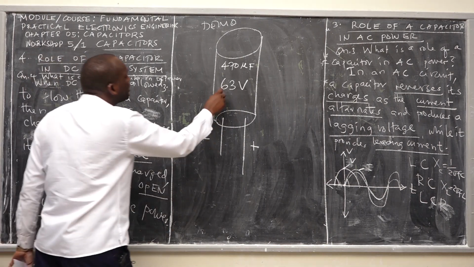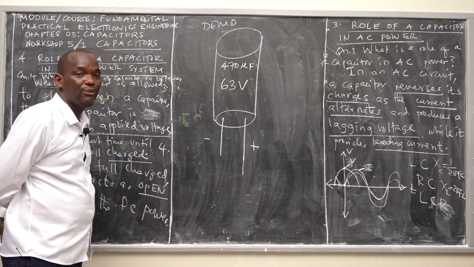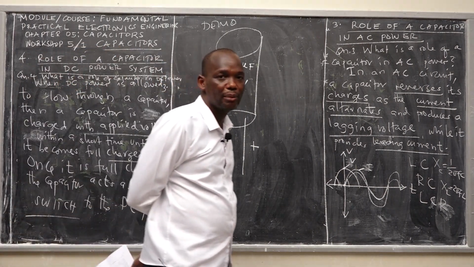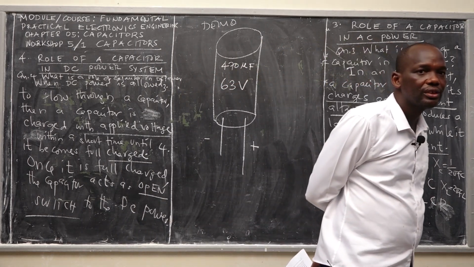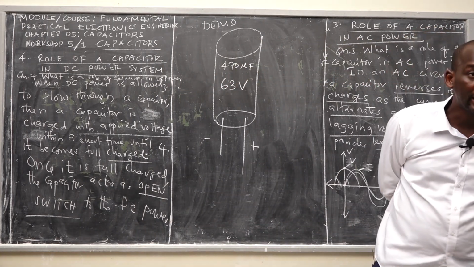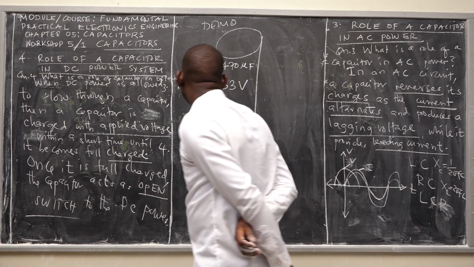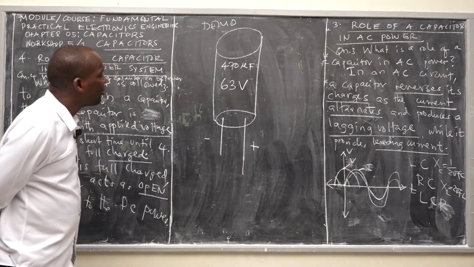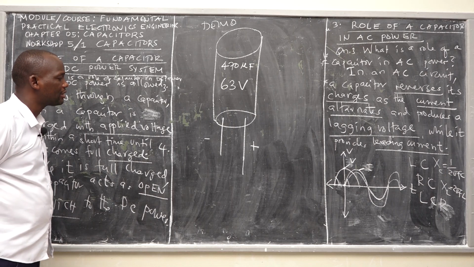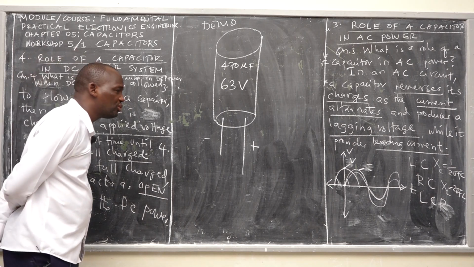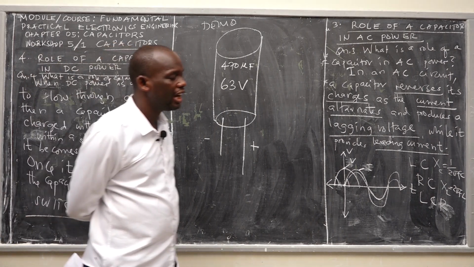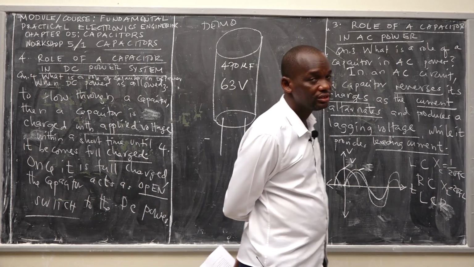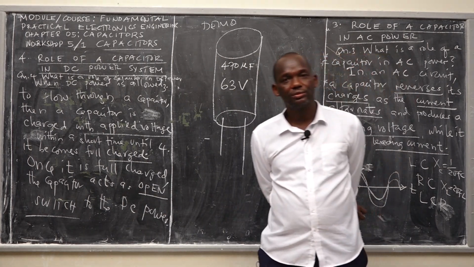Suppose that you want to use this capacitor as a filter for a linear power supply, right? So if you want to use this capacitor in a linear power supply, you have used a step-down transformer of, let's say, 12 volt.